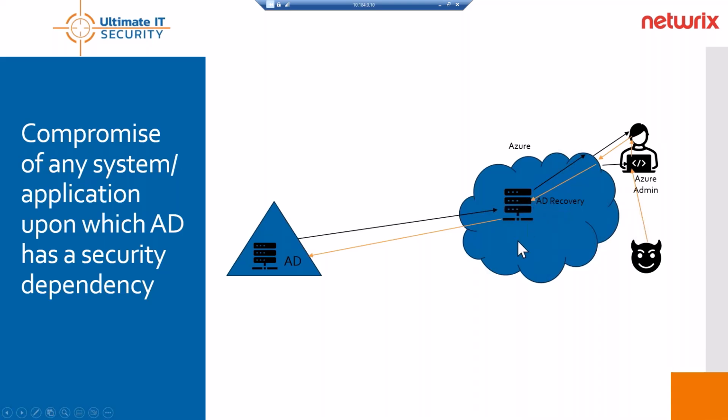And if that computer is one where our on-prem AD has a security dependency, then ultimately we have admin authority back down to our on-prem Active Directory. Now let's say this user, this Azure admin, they may not even be involved in Active Directory administration or in the administration of this AD recovery tool. They just happen to have admin authority to the Azure tenant.